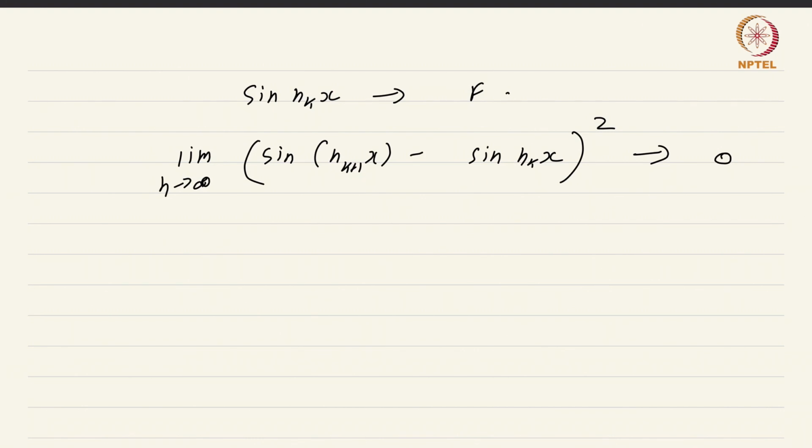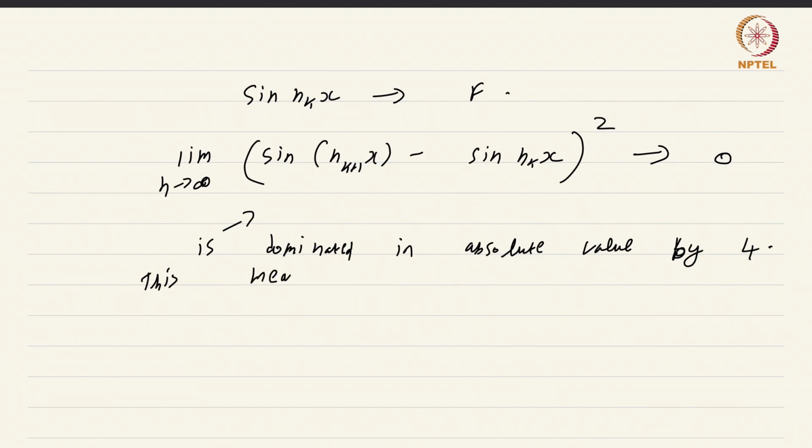But what is inside is dominated in absolute value by 4, that's the maximum possible value that you can get for (sin(n_{k+1} x) minus sin(nk x)) squared.